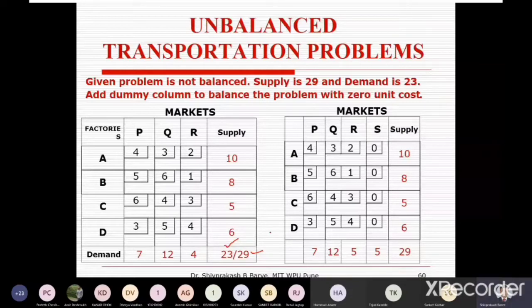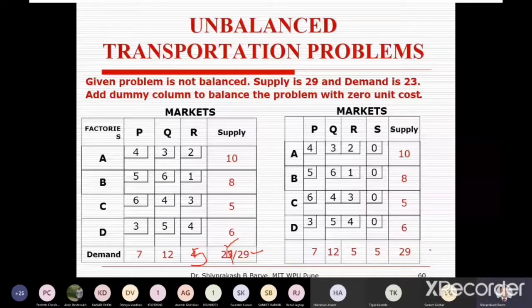Now, the first step is that we have to balance it, and then we can apply the transportation techniques. So how to balance it? What is the difference between these two? The difference is 5 units.